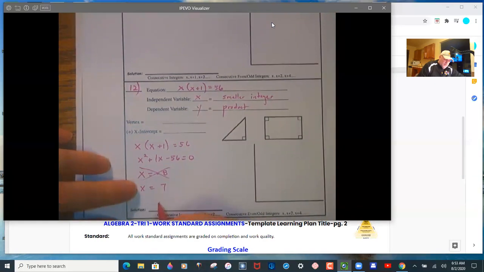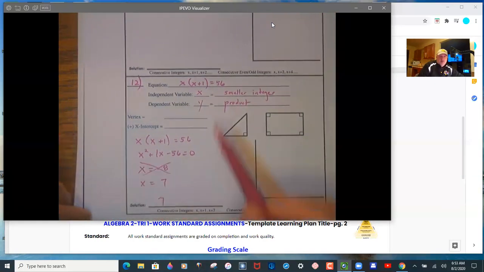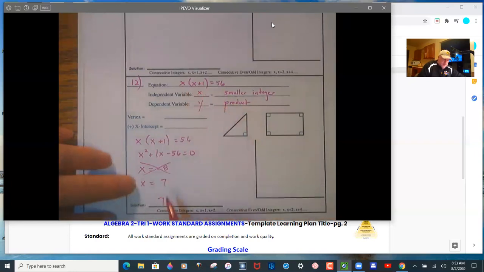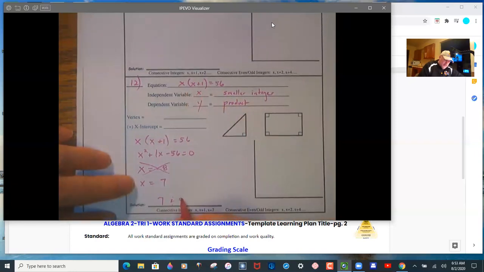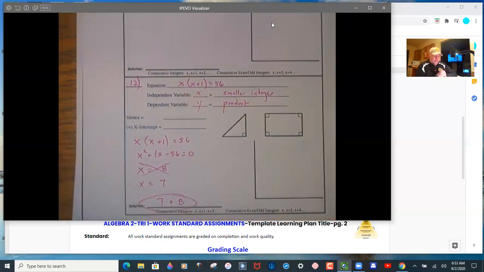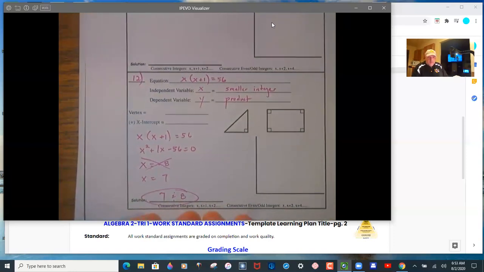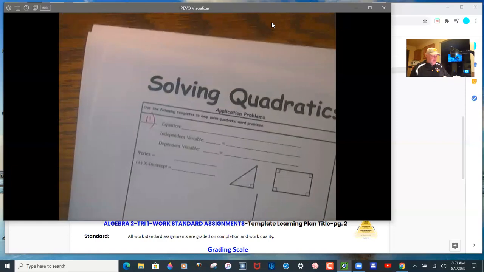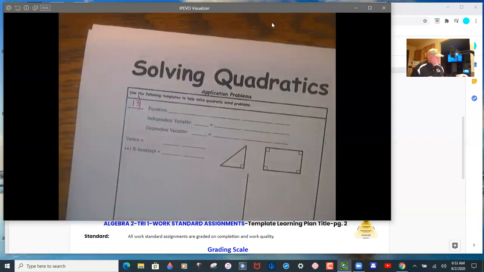So you want to answer the numbers. So x is 7, and then the next one is 8. And 7 times 8 is 56. So consecutive integers. If it said consecutive odds or evens, you're going to use this list when you do the work. These problems are really pretty simple.